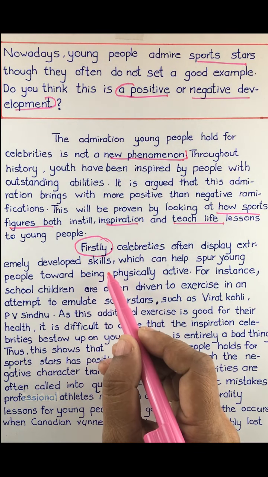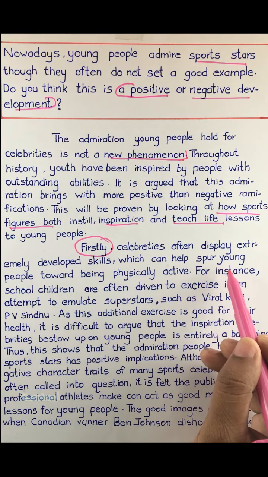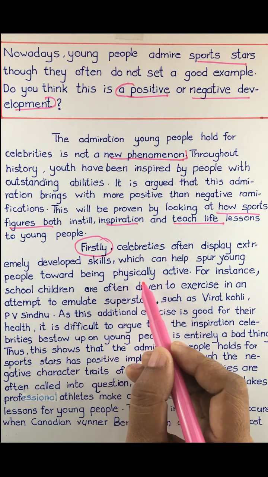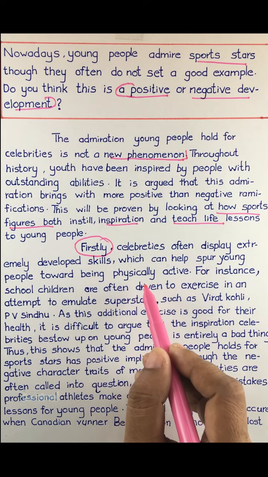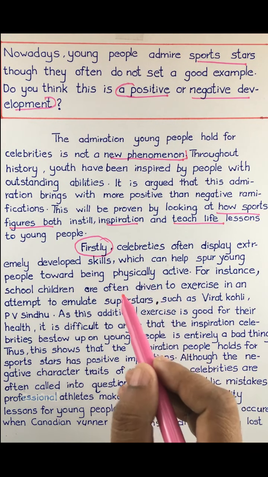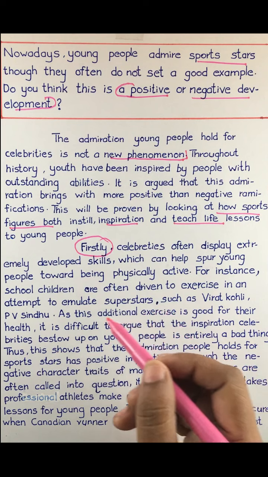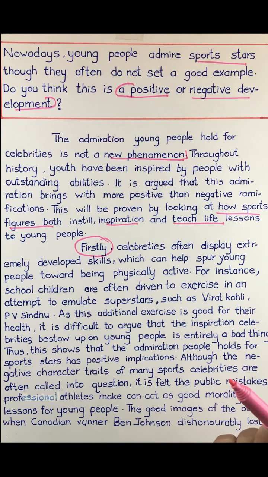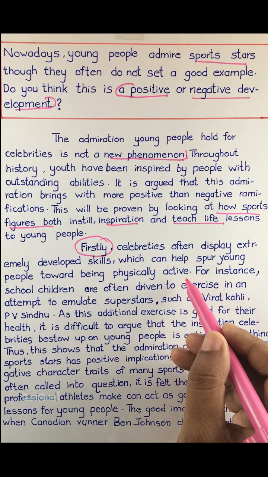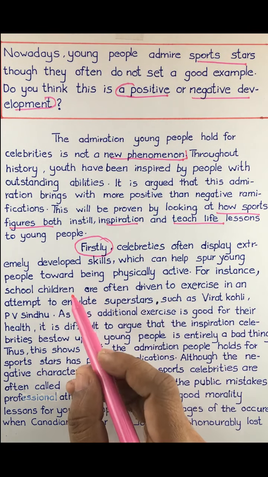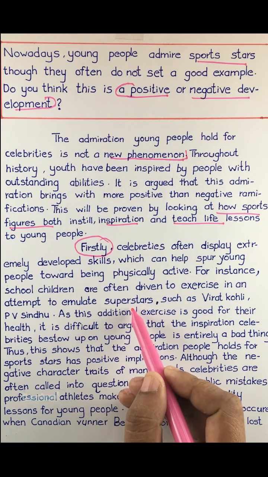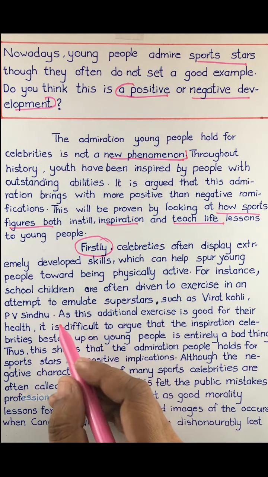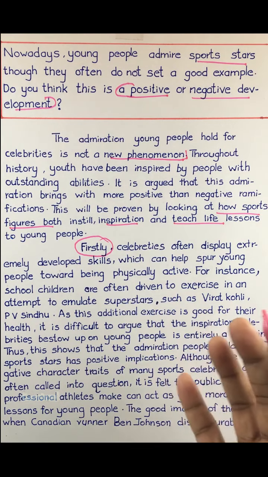Celebrities often display extremely developed skills which can help spur young people towards being physically active. So here, I just mentioned the topic sentence, about how to develop a skill that the celebrities show. For instance, I have given an example: school children are often driven to exercise in an attempt to emulate superstars such as Virat Kohli and PV Sindhu.